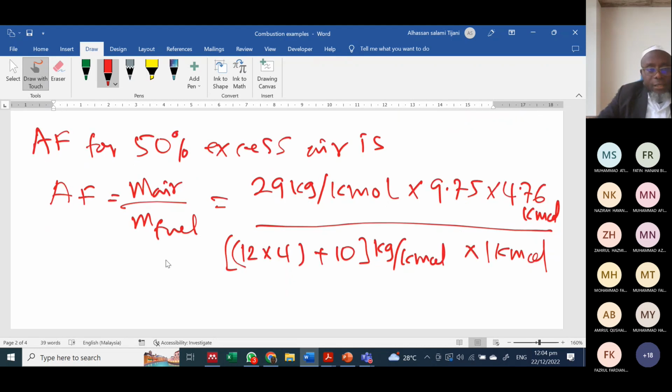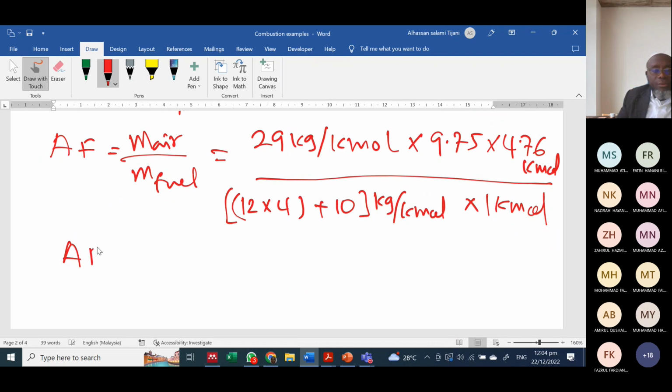Eventually the air-fuel ratio equals 23.2 kilograms of air per kilogram of fuel.